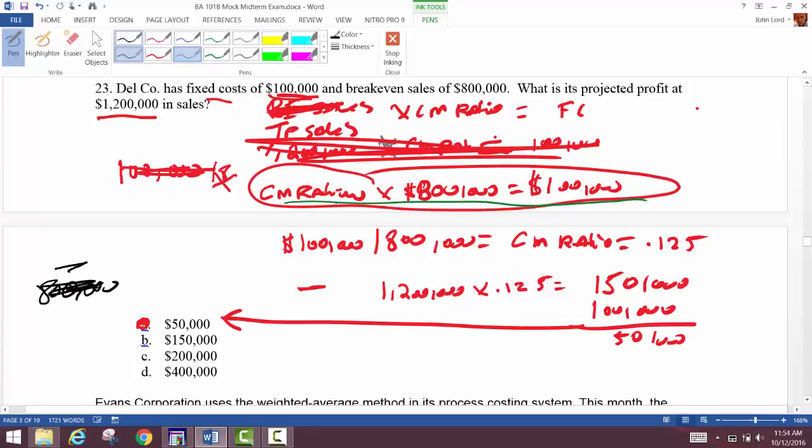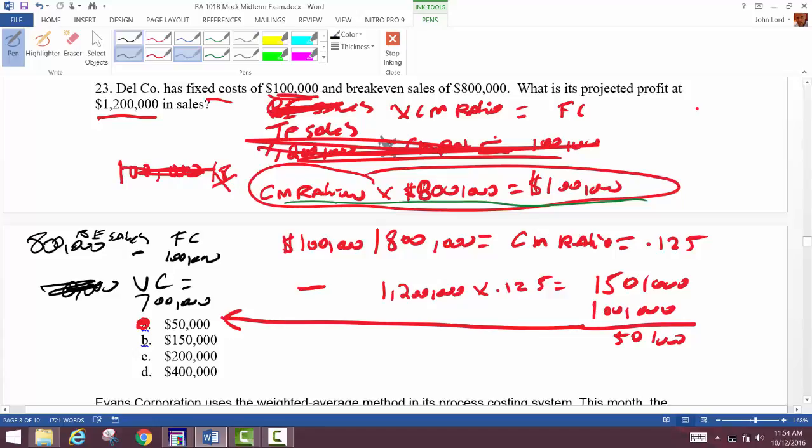Yeah. 800,000 minus the fixed cost, which is the break-even sales. Okay, and then you wanted to take off the fixed cost from that, which was 100,000. So you're telling me that variable cost equals what? 700,000?